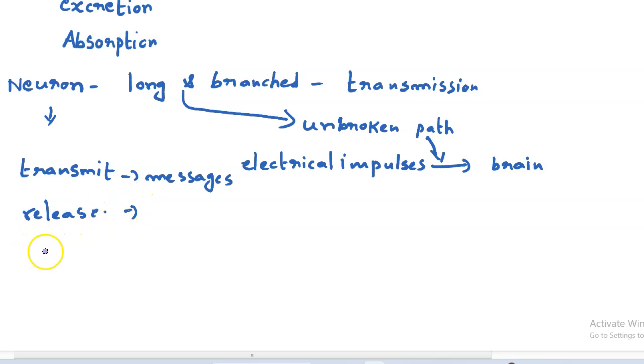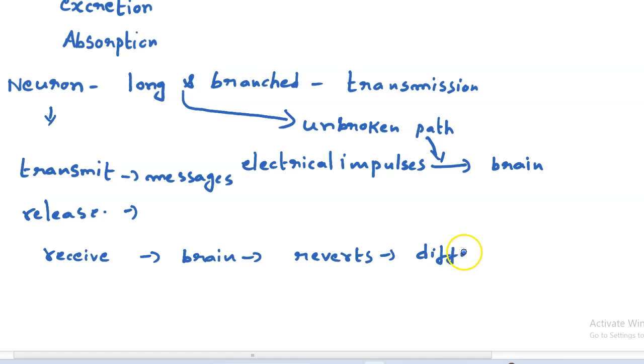Their major function is to receive the message from different parts of the body and transmit that to the brain, and the brain sends signals back to different organs or parts of the body via the nerve cells in order to carry out their function.